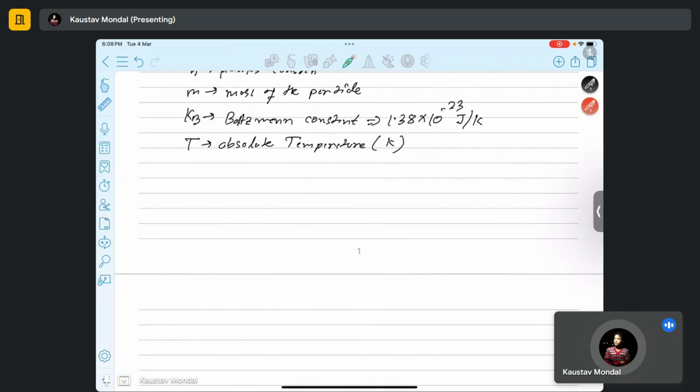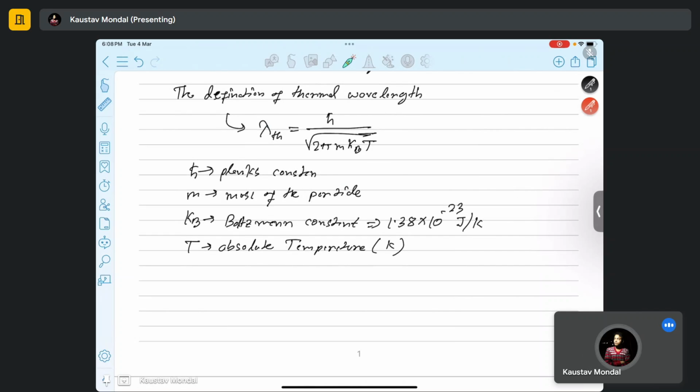What does this actually mean? In the classical sense, this wavelength represents the quantum mechanical spread of the particle due to its thermal motion. The spread is captured by this wavelength of the particle at a certain temperature T.